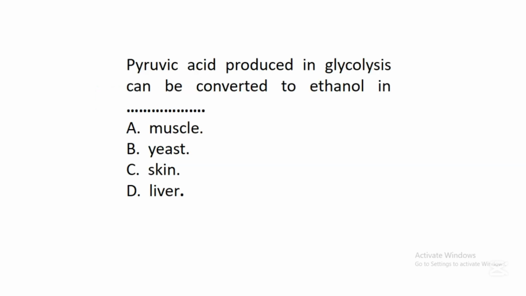The next question says, pyruvic acid produced in glycolysis can be converted to ethanol in A. Muscle. B. Yeast. C. Skin. D. Liver. In this question, the correct answer is B. Yeast.